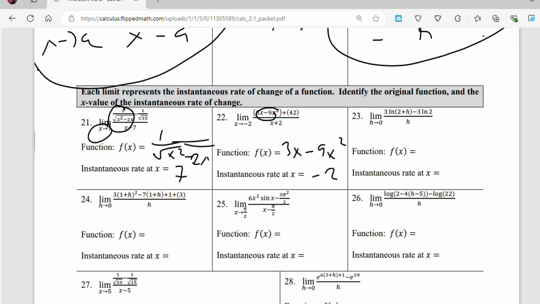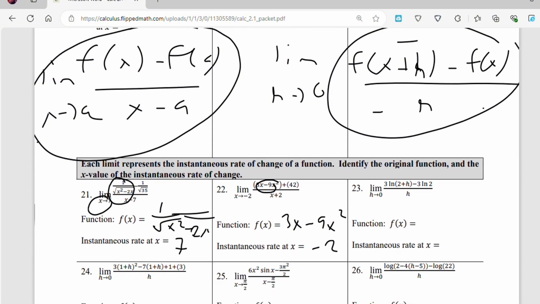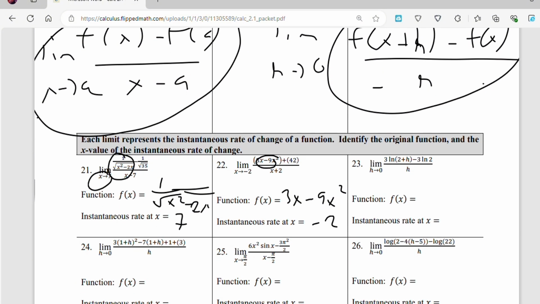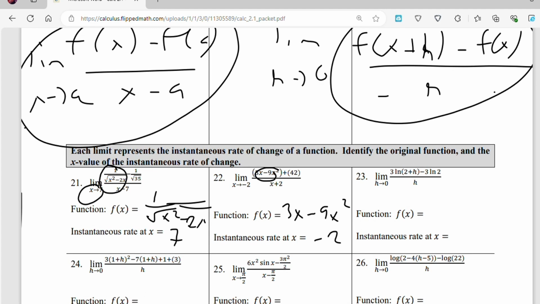For this one, the h ones, it's a little bit weirder, but it's still not too bad. Okay? Remember, now we're dealing with f of x plus h. So we're looking at this. This is going to be our f of x plus h.